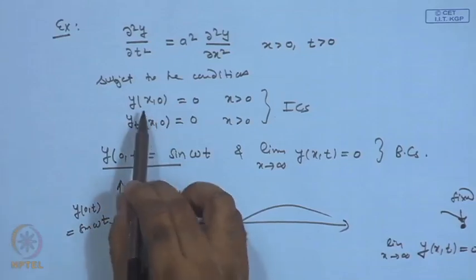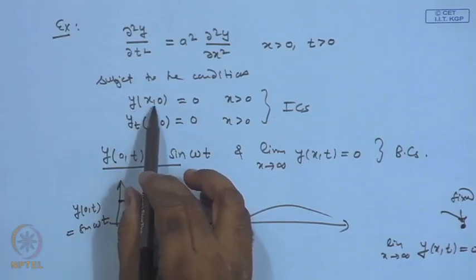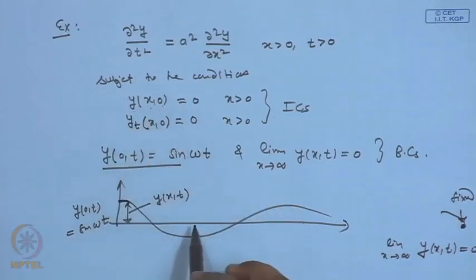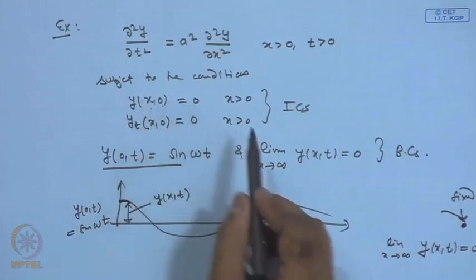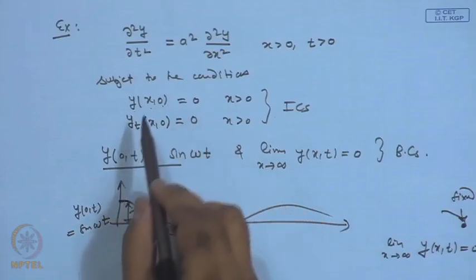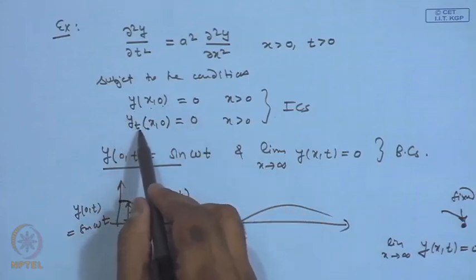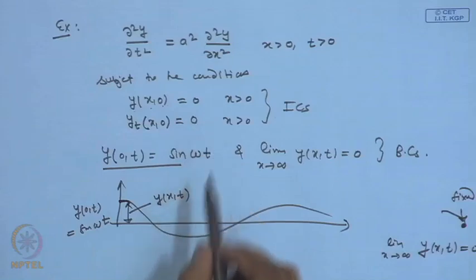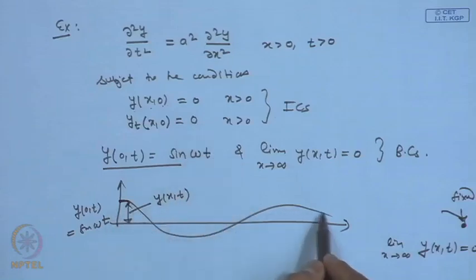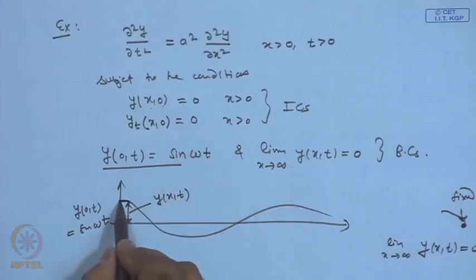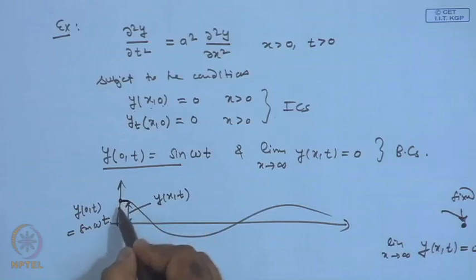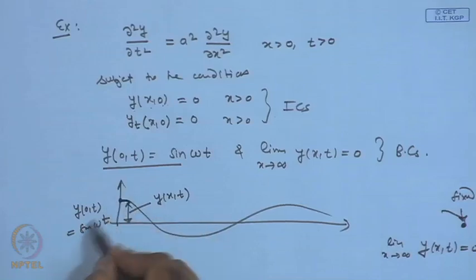Then we have the initial conditions that y x 0 at t is equal to 0, the string is at rest. So, y x 0 is 0, and also the velocity y t x 0 is 0. So, the string was at rest, and then at this end we have moved it according to sin omega t.